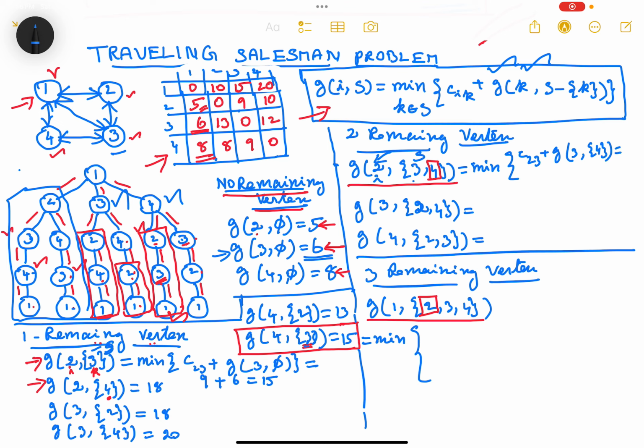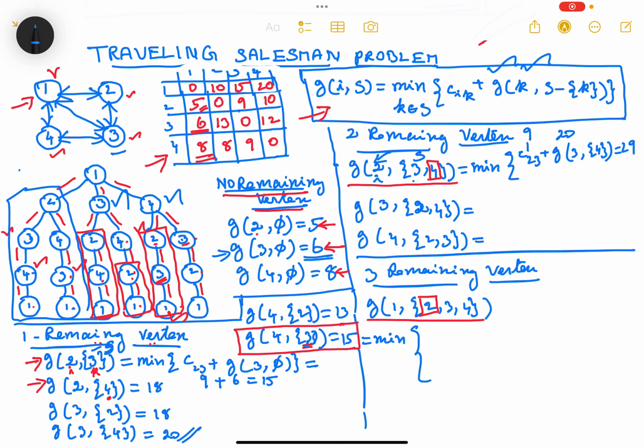C23 is equal to 9, and g of 3 comma 4 we have calculated above, and that is equal to 20. 9 plus 20 gives us 29. 29 is the value we are getting here.